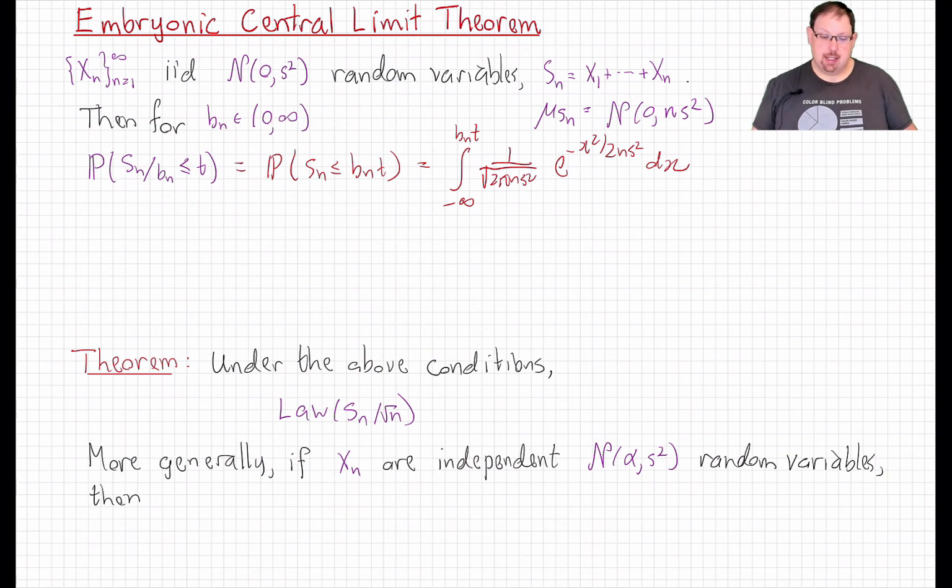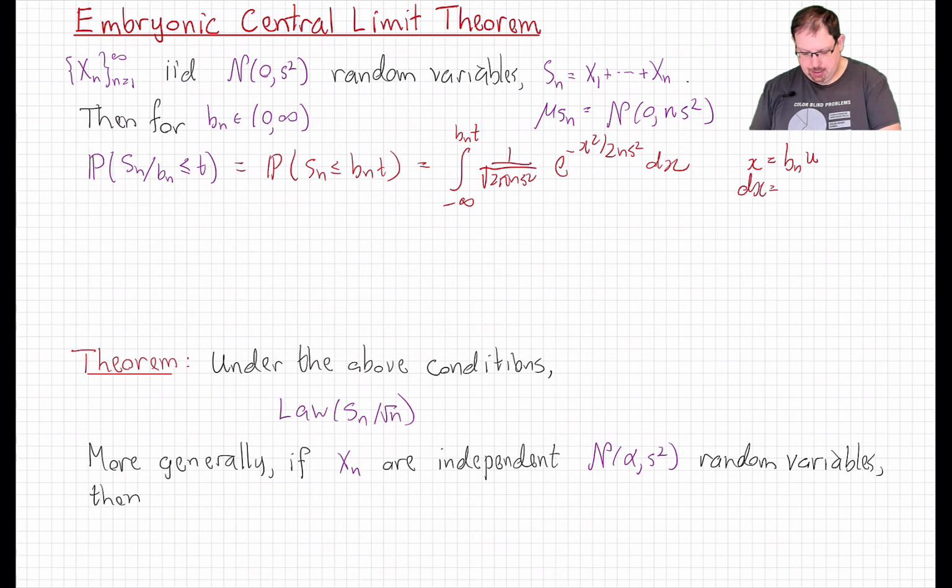Now, we'd like to write this as the CDF of a random variable, and that means we need to have just a t here instead of a bn times t. So that suggests that we do the following change of variables: x should be chosen to be bn times u, our new parameter.